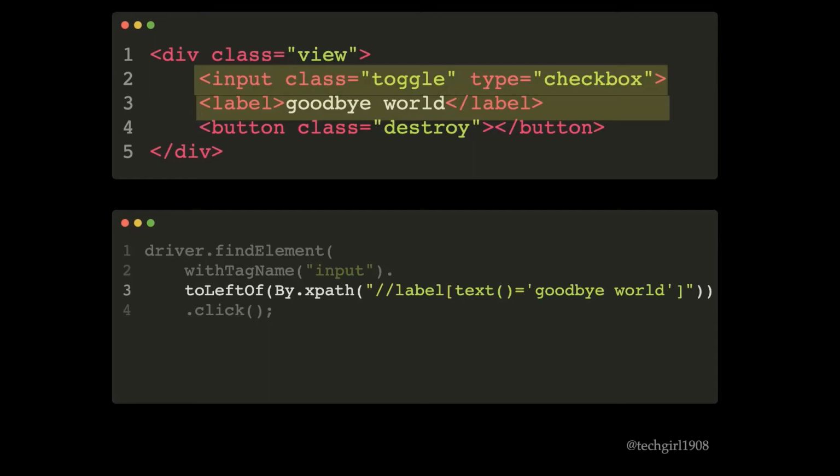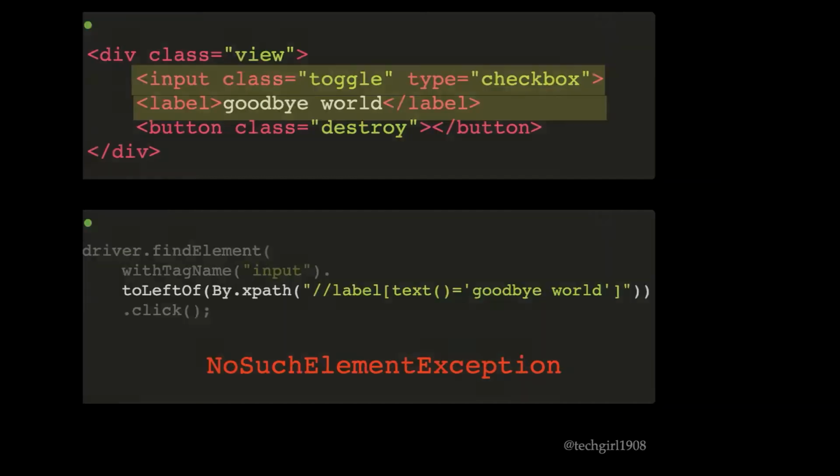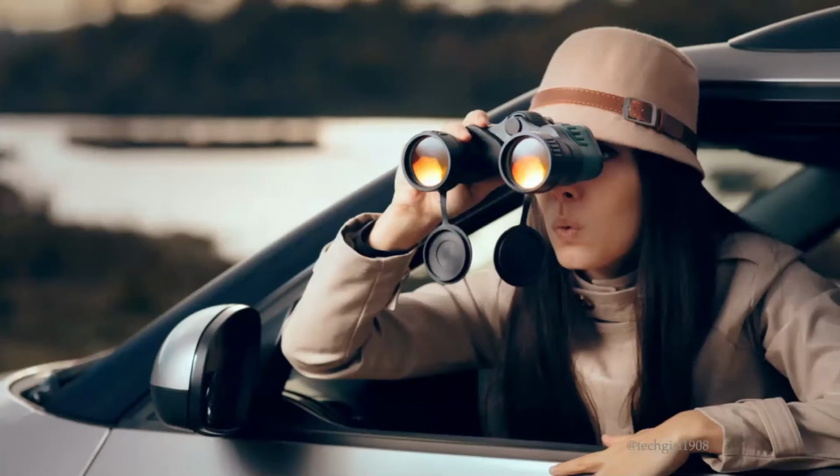However, when we run this, it gives a no such element exception. Gasp, right? This is a bit puzzling because the input is clearly to the left of the label, but yet Selenium can't find it. So what could possibly be the problem here? Well, apparently looks can be deceiving, and this has become a proper mystery.